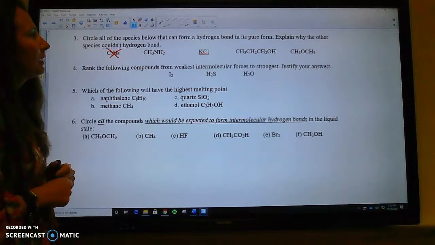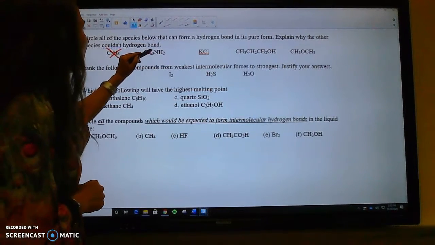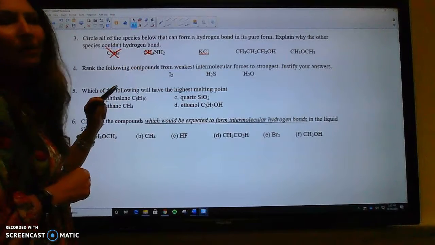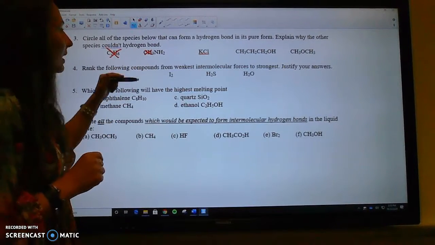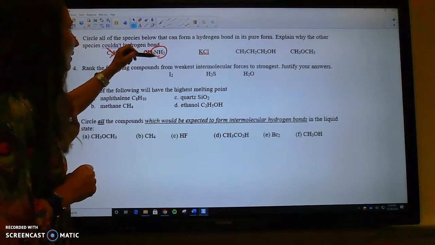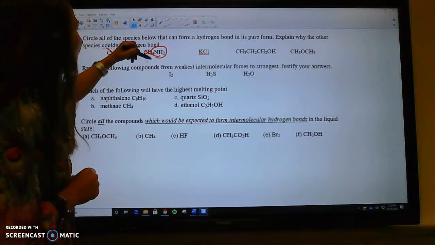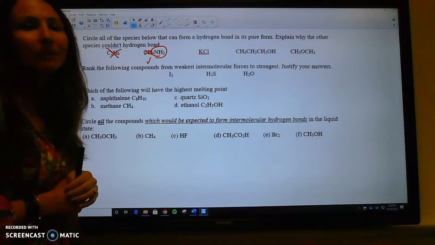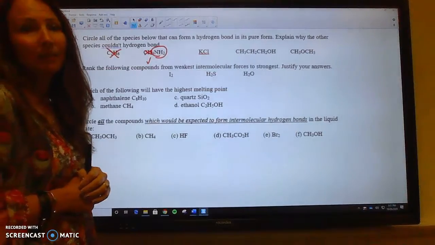Can this hydrogen bond? Well, not this part, because that's carbon and hydrogen. But do we have hydrogen bound to N, O, or F? Yes, we do, right there. So this can hydrogen bond. What about potassium chloride? Can that hydrogen bond?